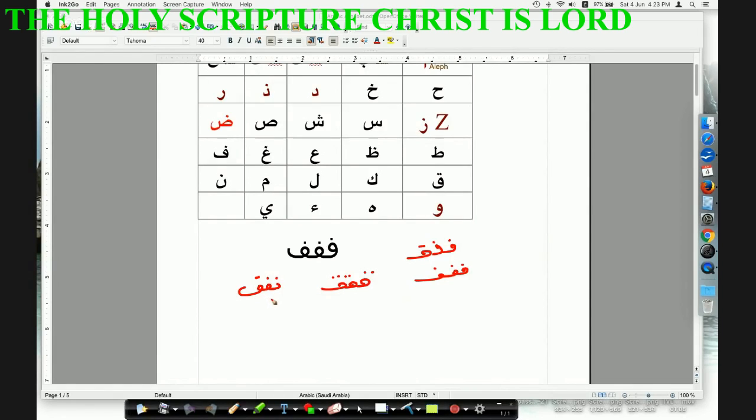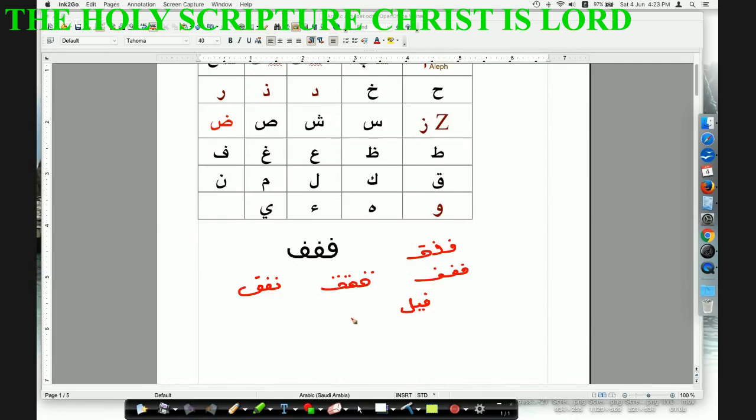All right? So qa and fa have the same rule as all other letters. Those letters don't have a tail, so we need to cut off almost anything, like this edge here, we do not change. Let us say we write the word feel, feel, feel. Fa, ya, lam.